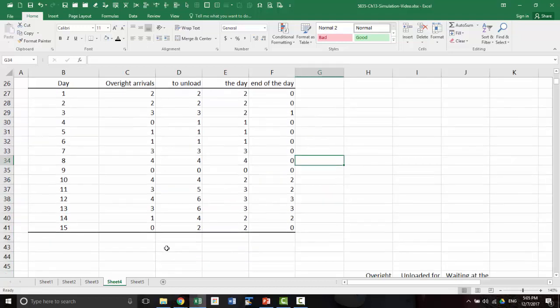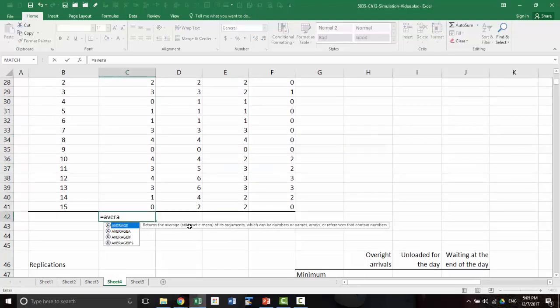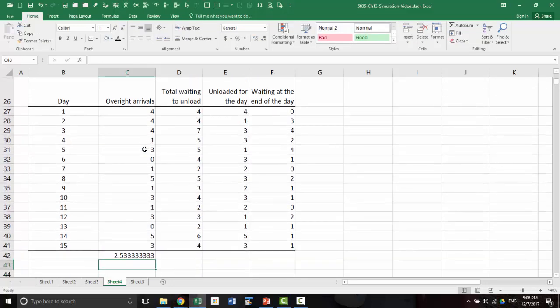Now we can find the average arrival rate. On the average, how many barges arrive per day?